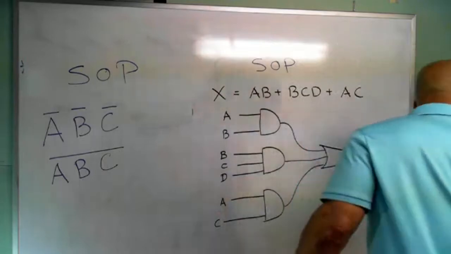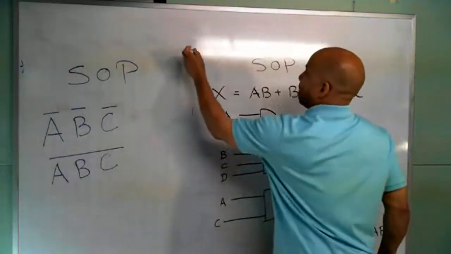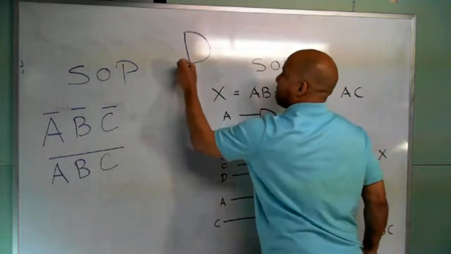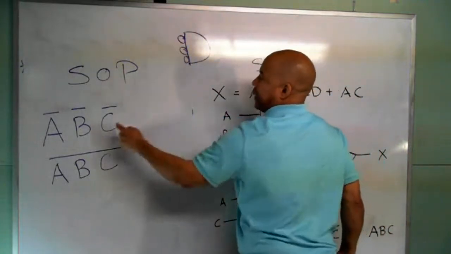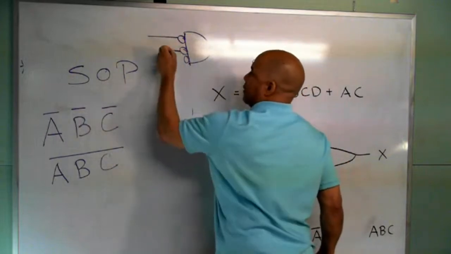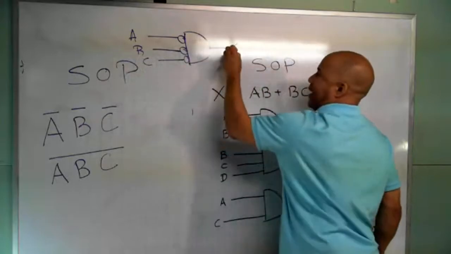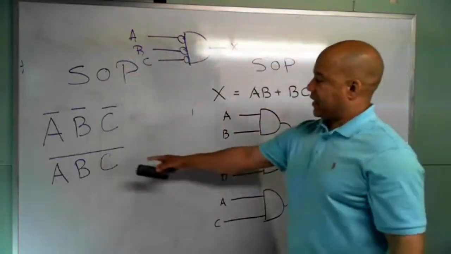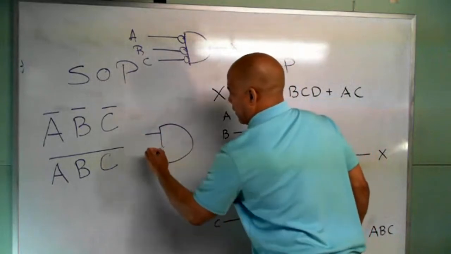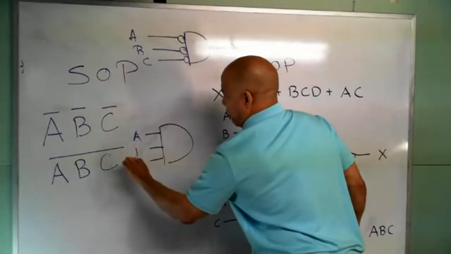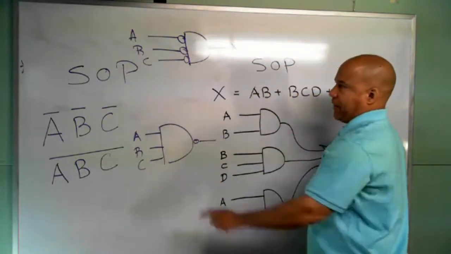It would be pretty easy: I have a gate and I want to implement this, I can just put bubbles here to get the NOTs, with my variables A, B, C, and X like that. But to get this one, A, B, C, the bubble would have to go here. So these two are different.